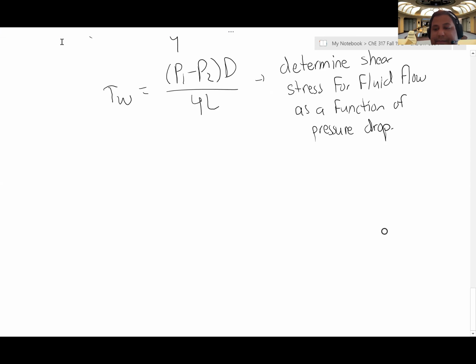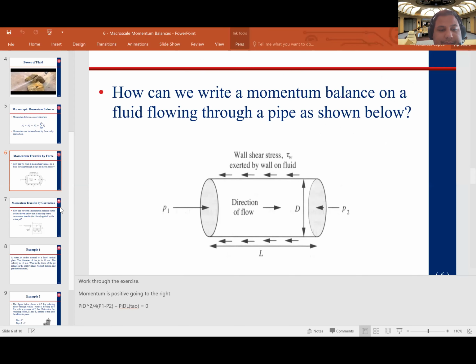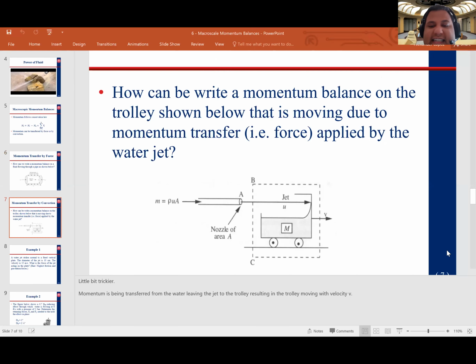So let's look at another, more complicated example, which in this instance, if you should be able to see this.